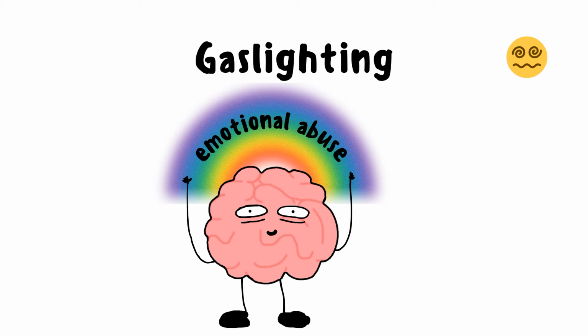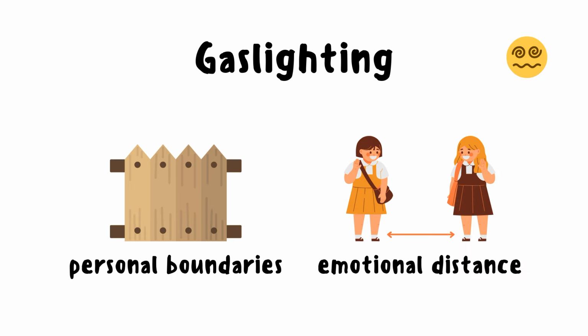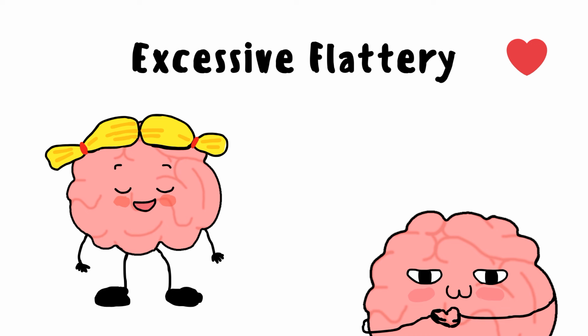Gaslighting is a form of emotional abuse that has a devastating impact on the victim's psyche. To combat this type of manipulation, it's important to learn to protect your personal boundaries and maintain emotional distance from the manipulator.